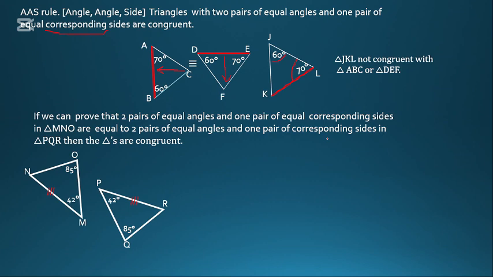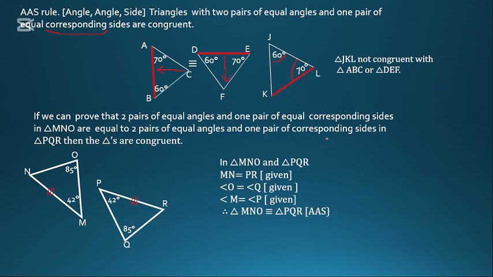And we start again in triangle MNO and PQR. MN is equal to PR, it's given. Angle O is equal to angle Q, given.